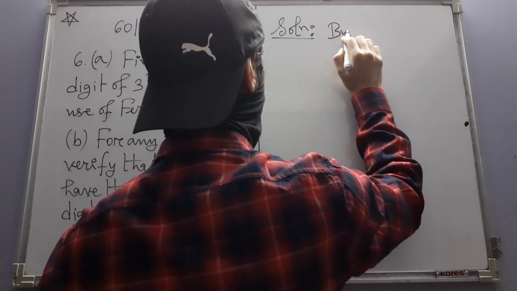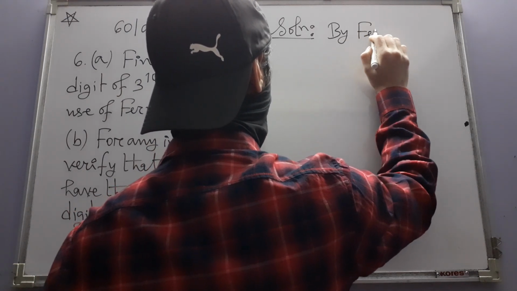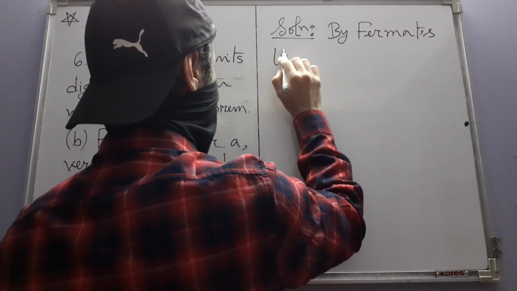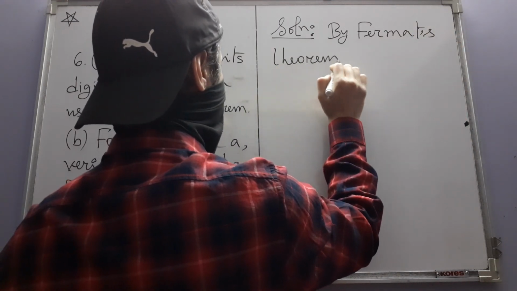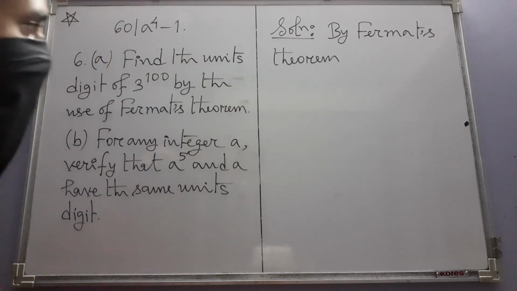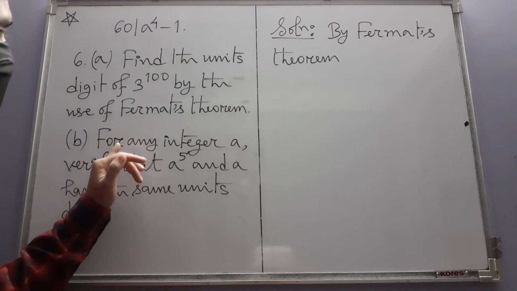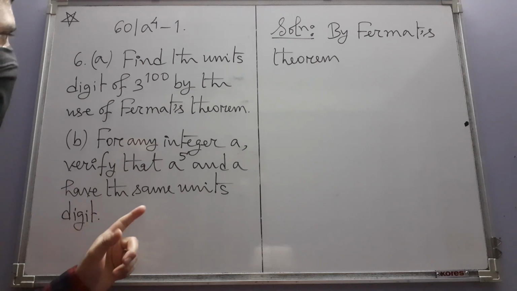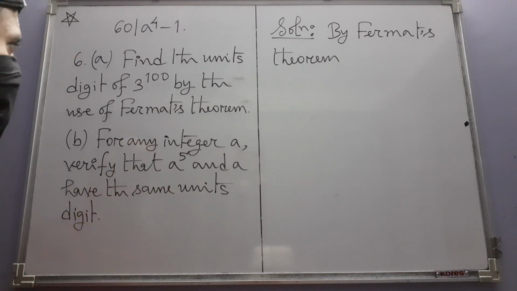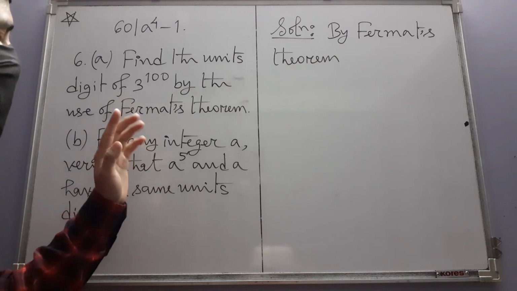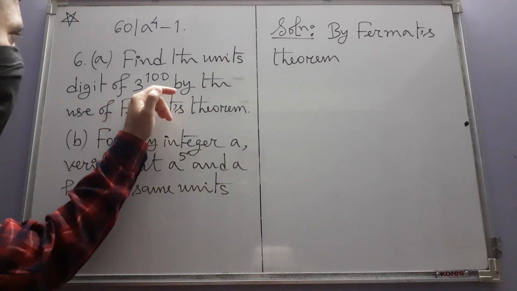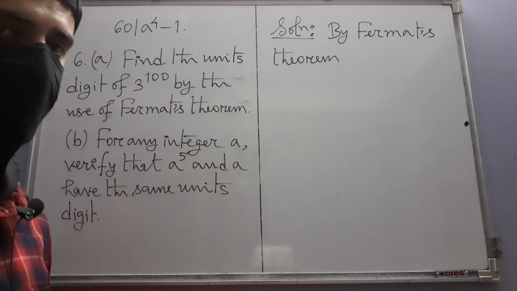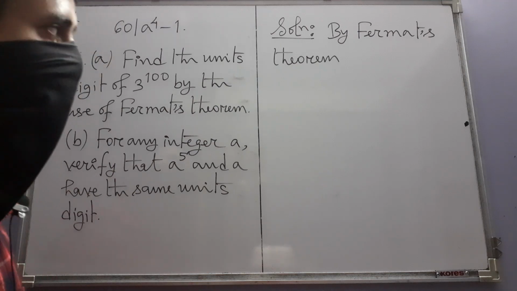By Fermat's theorem. Note that here you can actually apply Fermat's theorem in the original congruence, because here we are not talking about A but first 3, and 3 is relatively prime to both 2 as well as 5.